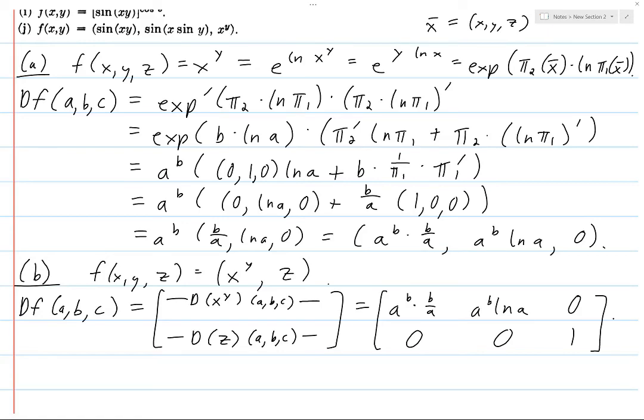And if you have a function which maps not into R but into R^m for some m greater than 1, then you just have to do each function one at a time and combine the answers into a matrix. And so we will continue these techniques to finish out the rest of the parts of this problem.